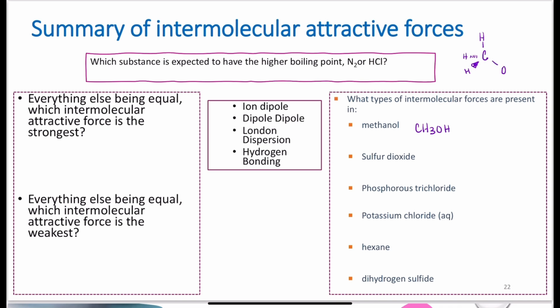That oxygen is also sp3 hybridized, so tetrahedral electron geometry, but we see that it actually has a bent structure with its 2 lone pairs. Not only that methanol, we've got that perfect little combination there, which means we get our hydrogen bonding.